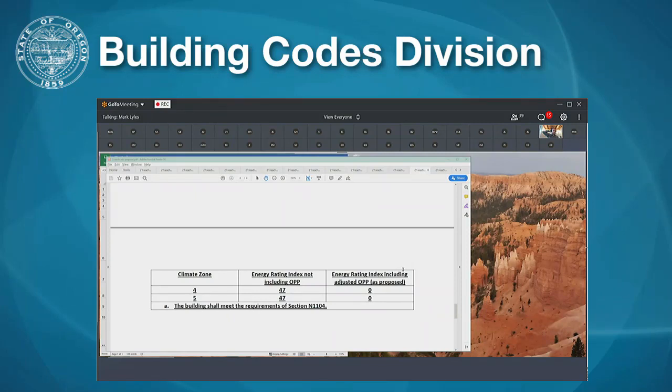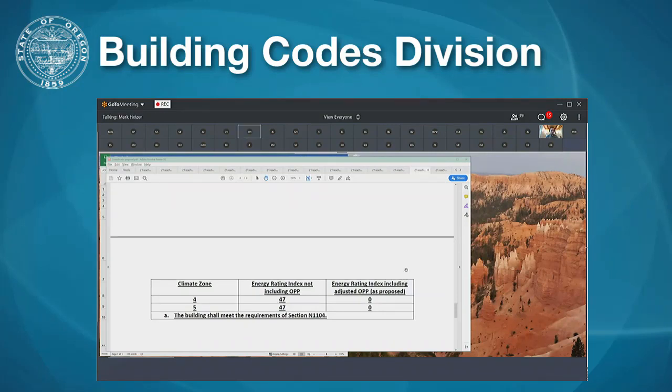So you can't do any worse in terms of your envelope when you're using the ResNet modeling methodology than what the prescriptive requirements for the envelope would be in the REACH code. Okay.